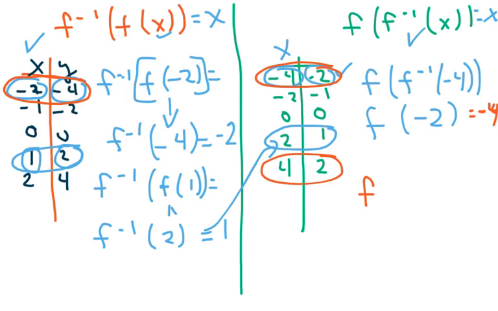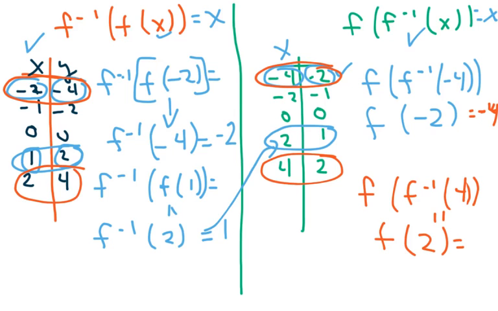Let's do this one. So we're going to compose f with f inverse of 4. Alright, so we know f inverse of 4 equals 2. And what is f of 2? f of 2, we're back to here, and we come back to 4.